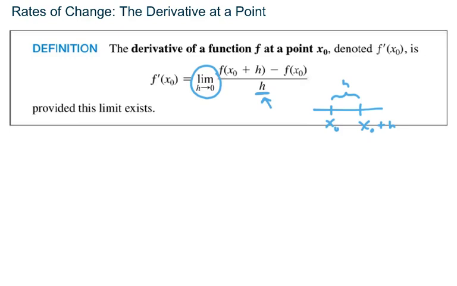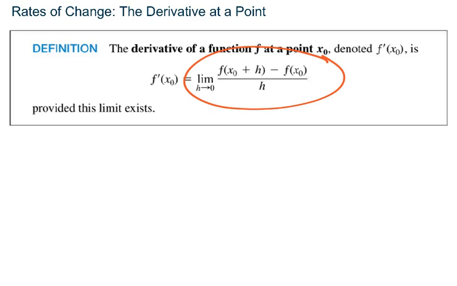Now, h is not allowed to equal 0, but we're looking at making that distance between those 2 points when we calculate our slope infinitely small. Okay, so we said that the limit of that difference quotient as h approaches 0, well, what we're going to learn is that that represents our derivative.